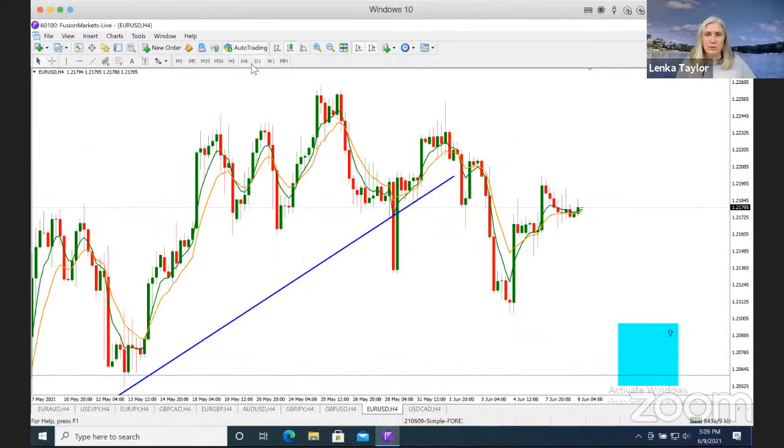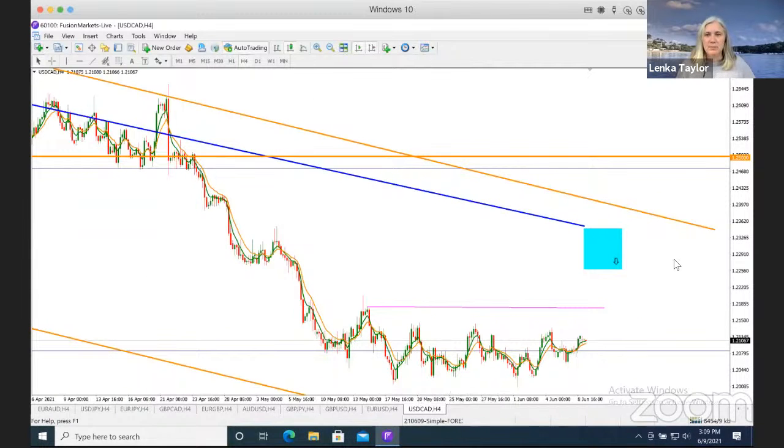So in terms of the 4 hourly setup, that's quite a way away down here. So I'm looking for another drop down and possibly all the way down to the horizontal before looking for the reversal and looking for a long.